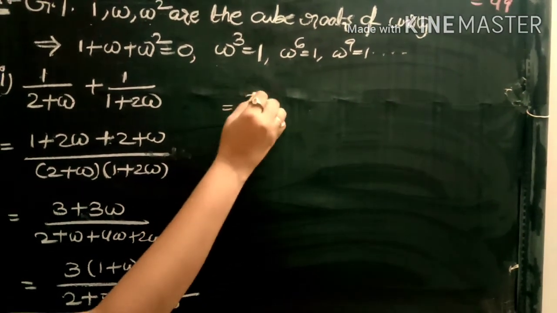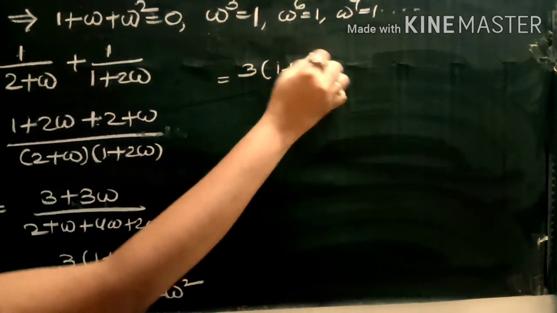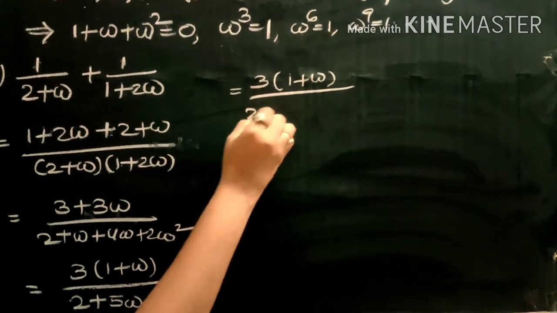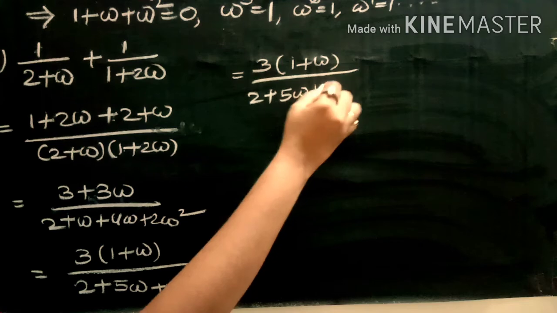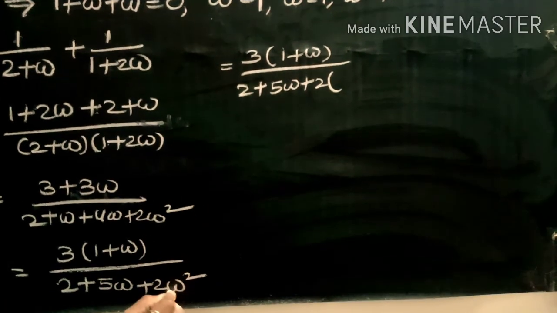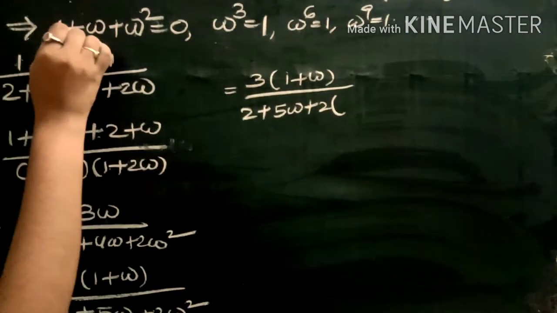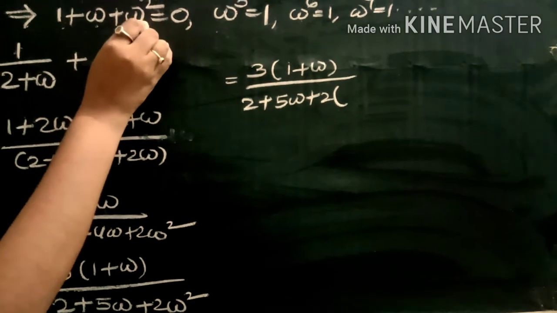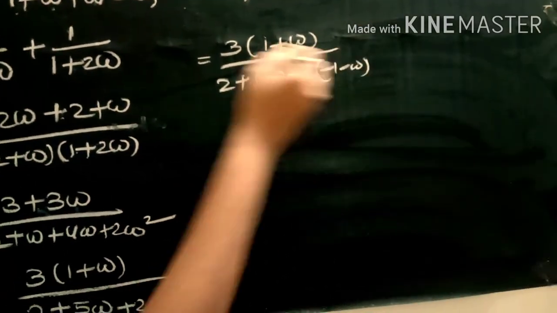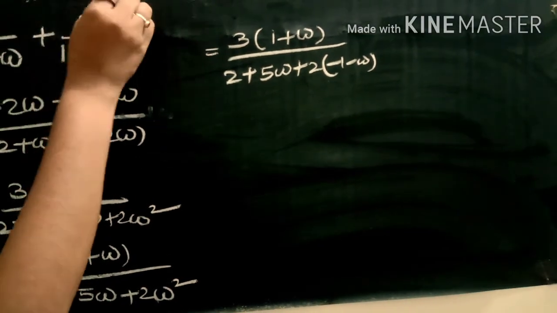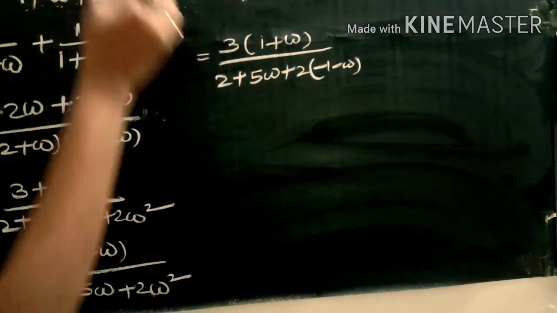This is 3 into 1 plus omega by 2 plus 5 omega plus 2 into, in place of omega square, we take the value minus 1 minus omega. Since 1 plus omega plus omega square is equal to 0, omega square is equal to minus 1 minus omega.